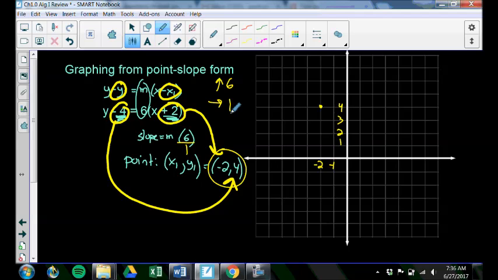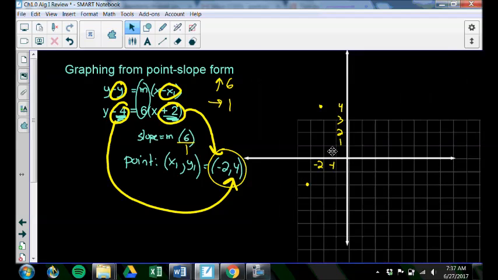But on my grid, I didn't give myself enough room to go up 6. I only have up 4. So instead of going up 6, right 1, I can go down 6, left 1. But I don't have room to go more than one step in either direction. What I could do is take everything and slide it up or down a little bit.